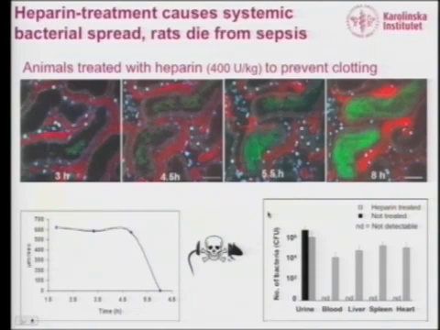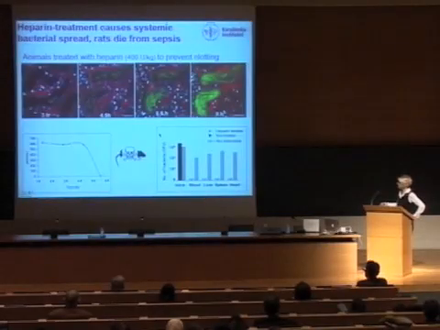And this was accompanied by a drop in their blood pressure. And that is, of course, connected to the sepsis, we thought. And so, of course, then we harvested the blood as well as the different organs, liver, spleen, and heart. And in the normal situation, we would only see bacteria present in the urine. We have never found bacteria inside the animal.